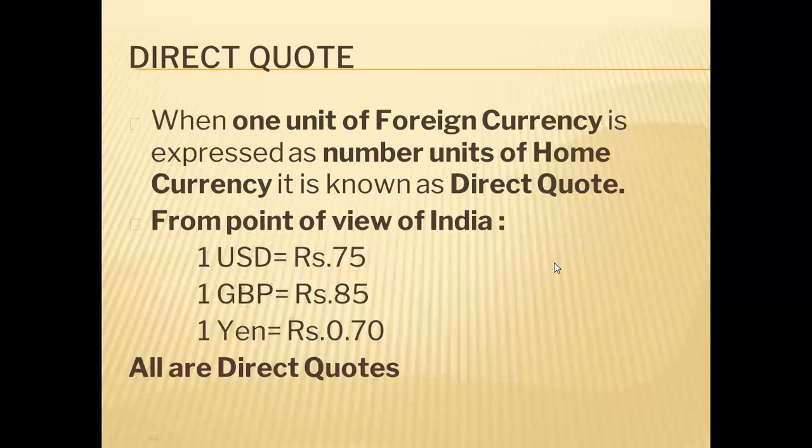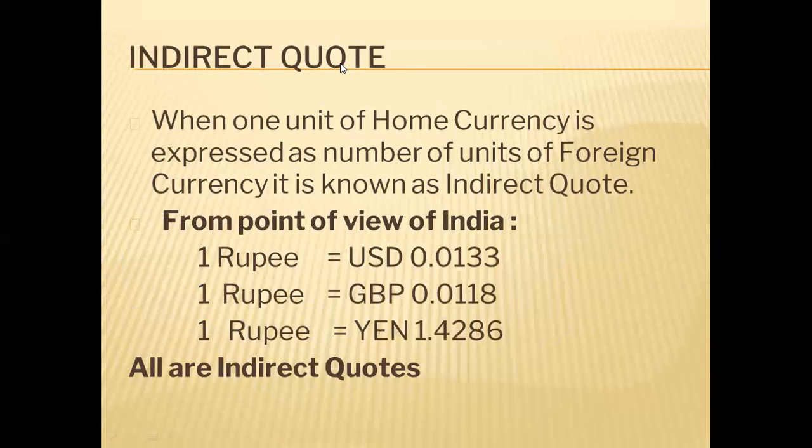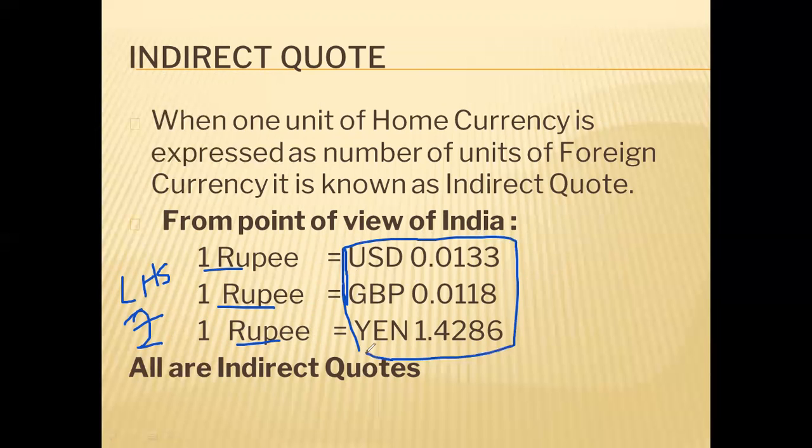So what will be an indirect quote? It will be the reverse. If on the left hand side rupee is there, that is home currency from the India point of view, because rupee is the home currency for India, and on the right hand side all other foreign currencies are there, that quote will become an indirect quote.